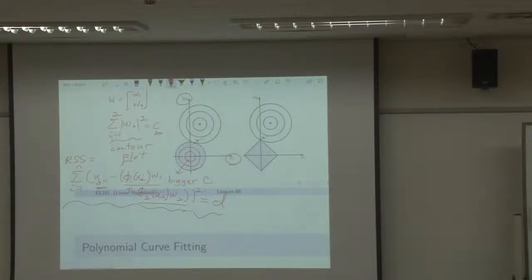Circle? Well, not necessarily, so probably it's an ellipse. But I've represented that as circles here, okay? It could be an ellipse, but it's circles. So this is the contour plot.